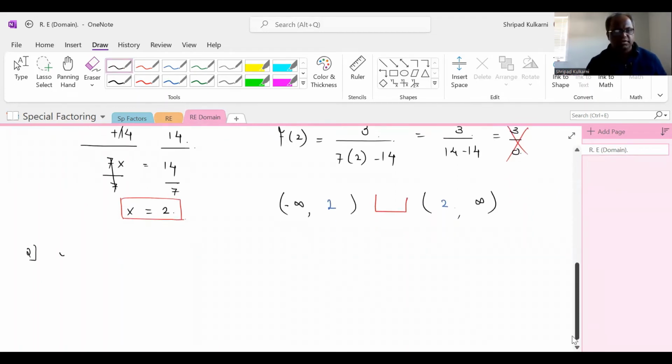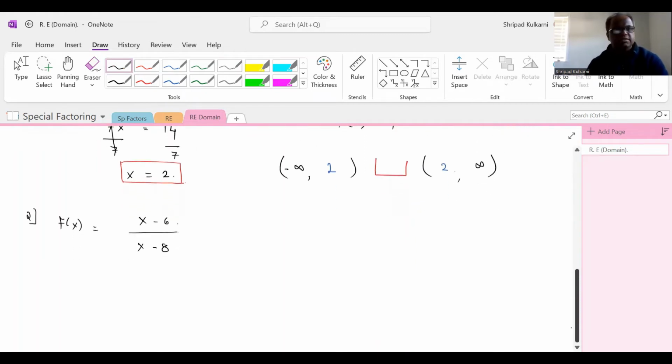If I have a function f of x as x minus 6 over x minus 8, I gave you x on both sides. I don't care about x in the numerator. x can take any value in the numerator.